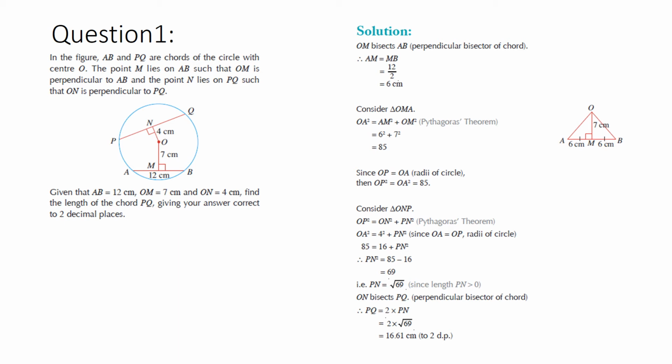So the length of the chord PQ will be 2 times PN. Substitute the value of PN, that is, square root 69, in it. We will have the length of the chord PQ equal to 16.61, correct to 2 decimal places.